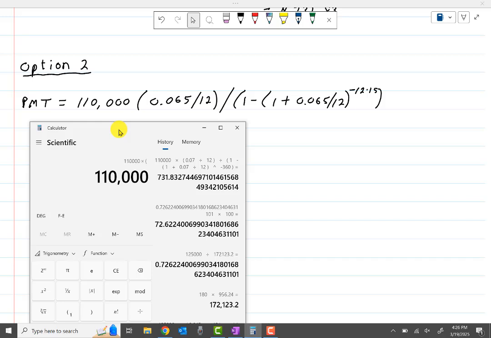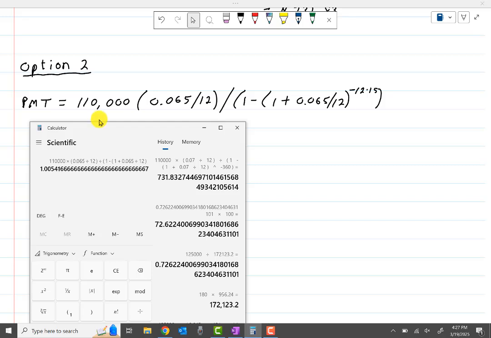Start my parenthesis. 0.065 divided by 12. Finish that parenthesis. Start a division. Start a new parenthesis, 1 minus. Start another new parenthesis, 1 plus 0.065 divided by 12. Finish the parentheses.